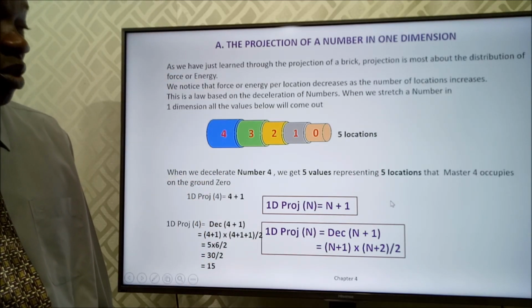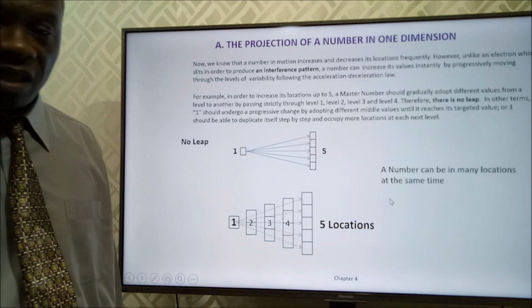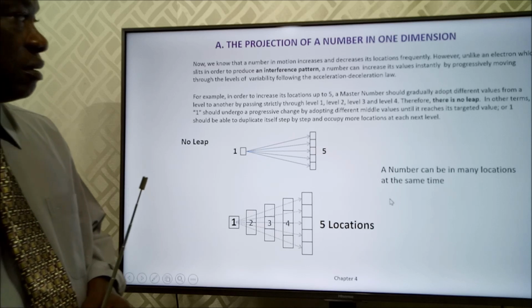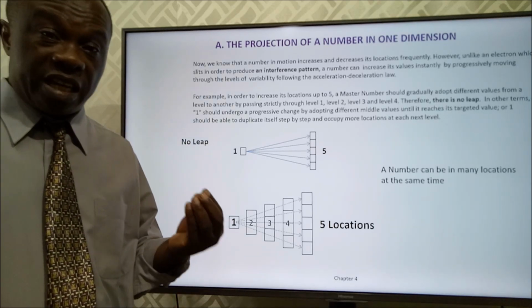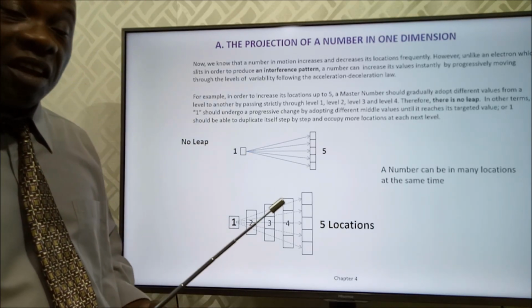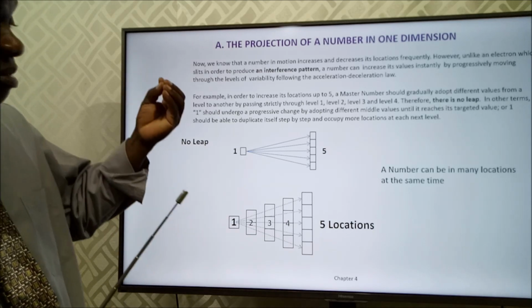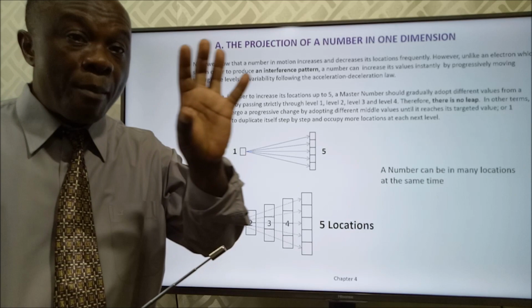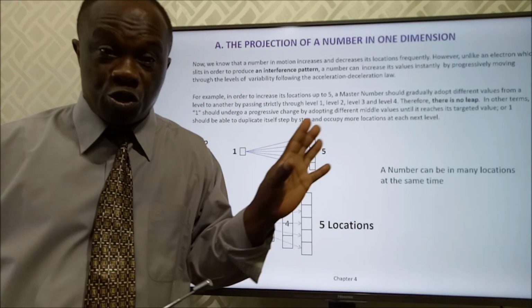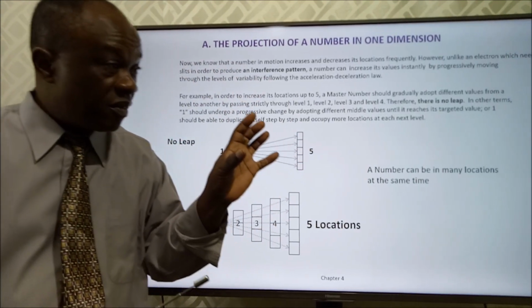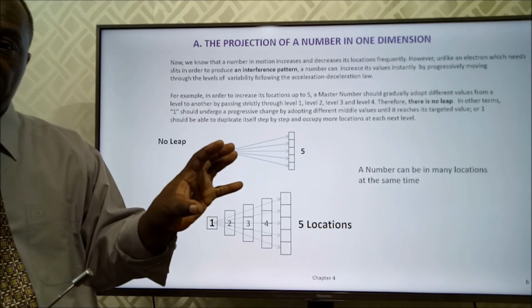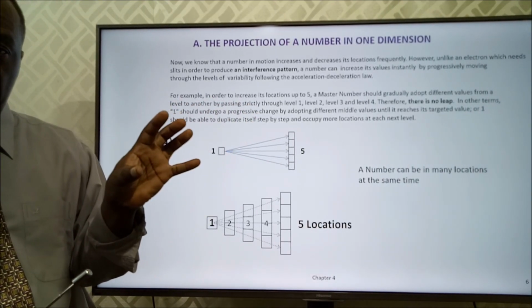And let's see the property that works here, what it teaches us. What we are interested in, in this study of the projection, is the number of locations that a number can provide when it is projected.